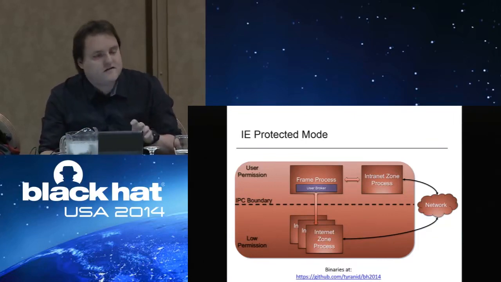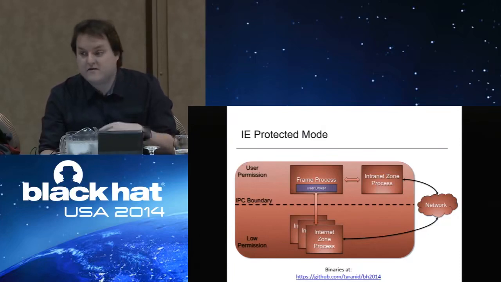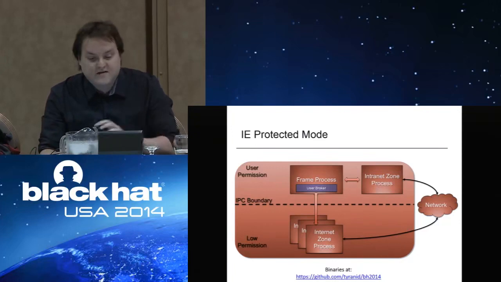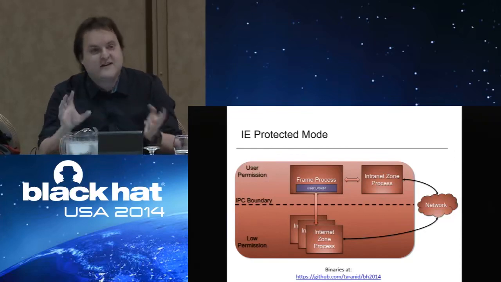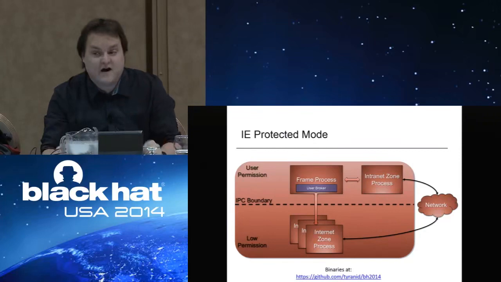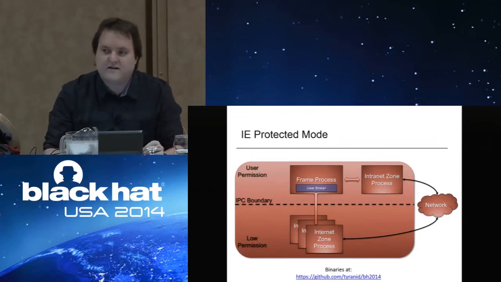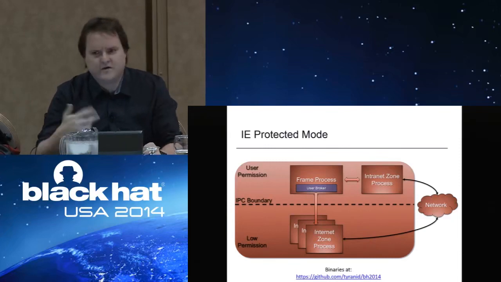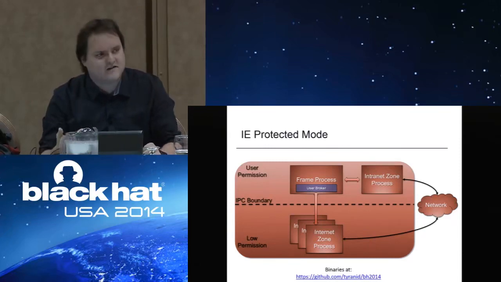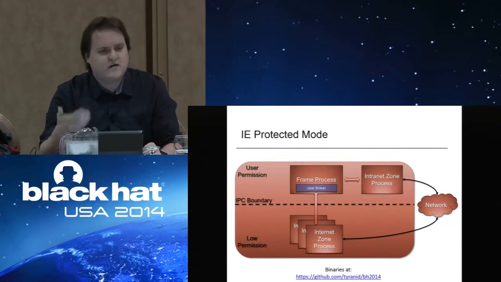Now, in contrast to the Chrome Sandbox, for example, or the Safari Sandbox, IE has a really weird sort of view on trust. So Internet Zone, or the internet-facing components, are absolutely untrusted and run with low privilege. However, if you browse to an intranet site, this is usually categorized by a host name with no dots in it, or something which is explicitly marked as in the Intranet Zone, it actually runs it at the normal user permissions.